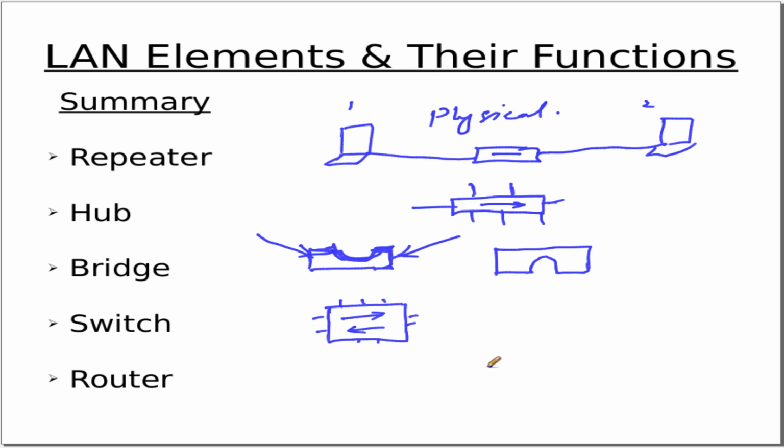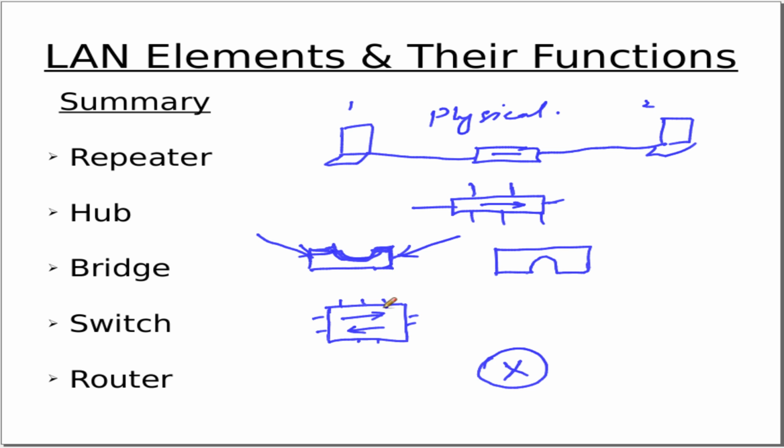We have also seen the functionality of a router, where it is denoted by an elliptical or circular shape with a cross on top of it. And routers break the collision domain as well as the broadcast domain.